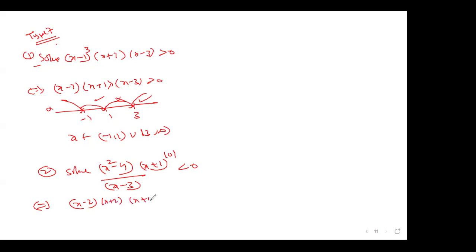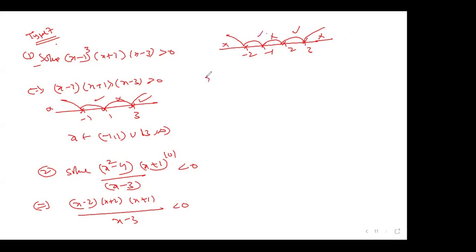And here you write x plus 1, odd, so x plus 1, and x minus 3 less than 0. On the number line you plot according to the order. Minus 1, this is 2, this is 3. Connect. Right? No, yes, no, yes, no. So x belongs to minus 2 to minus 1 union 2 to 3. That's it. Clear?